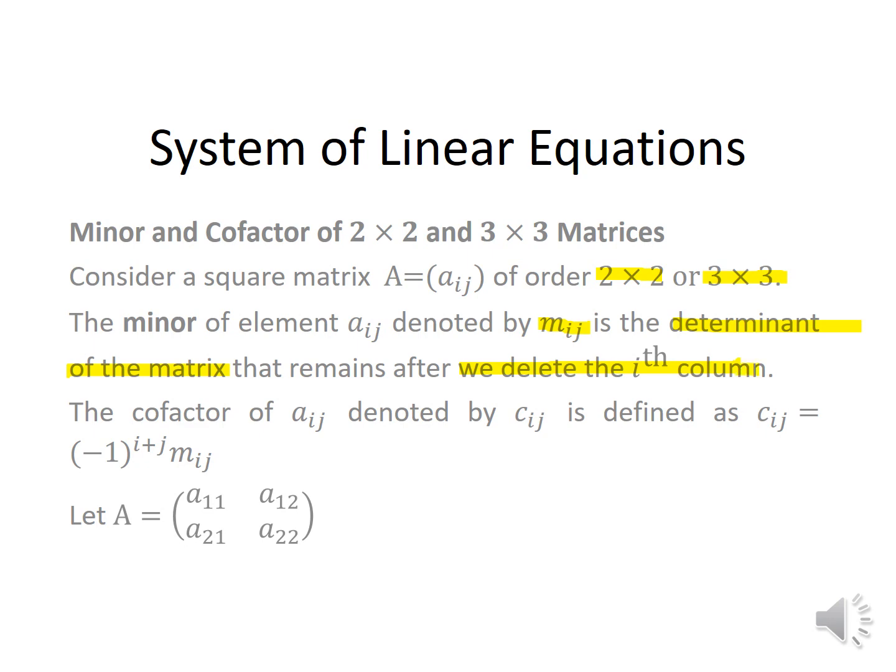The cofactor of Aij, denoted by Cij, and the working to calculate the cofactor value is this formula.